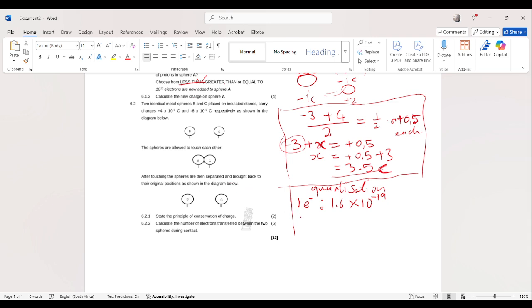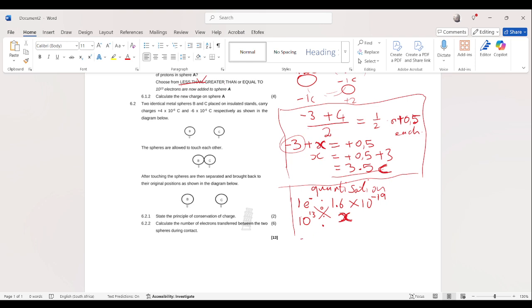But now we have been introduced to how many electrons? 10 to the power of 13. You agree? Yeah. We want to solve for the charge of 10 to the power of 13 electrons. What should we do in this case? Cross multiplication. You agree?